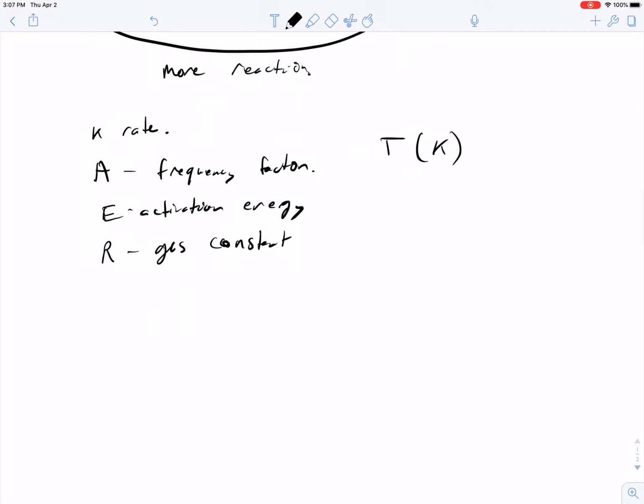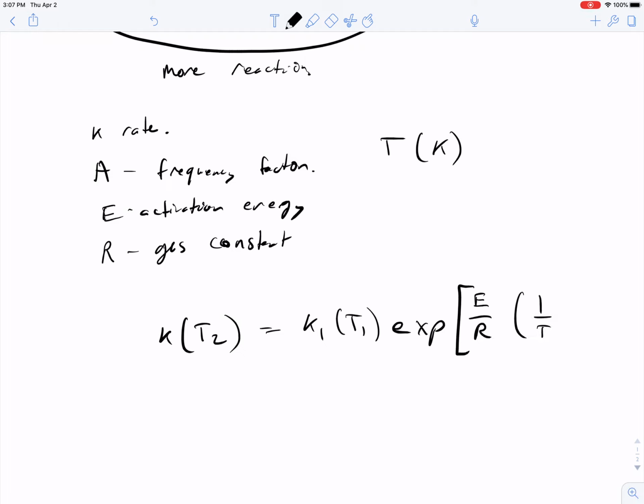Oftentimes, the reaction is given with a measure at one rate relative to another rate. So, for instance, the reaction rate at some temperature T2 would be equal to some k1, the reaction rate at some other reference temperature T1, times the exponential of E over R times 1 over T1 minus 1 over T2.